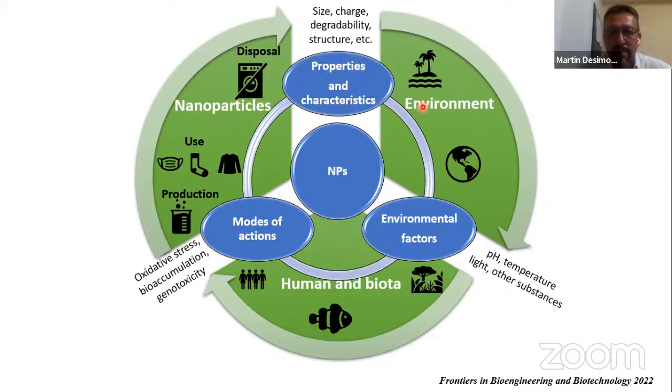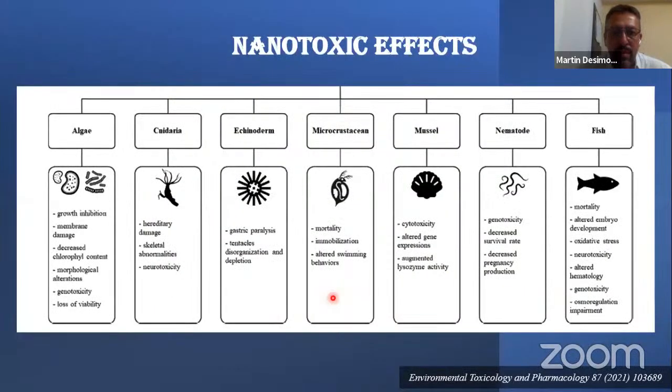They can have an impact on the environment and also in humans and in the biota. And this depends on different properties of the nanoparticles, and also environmental factors are important on the effect that these nanoparticles can produce. In this sense, the nanotoxic effect of silica nanoparticles was reported in different species during the last years.